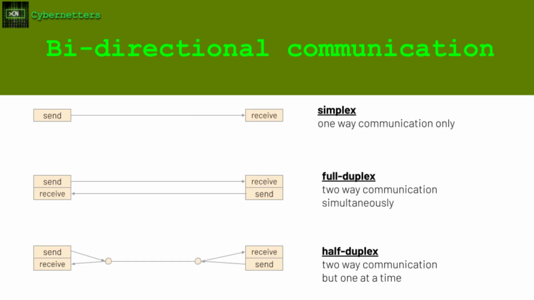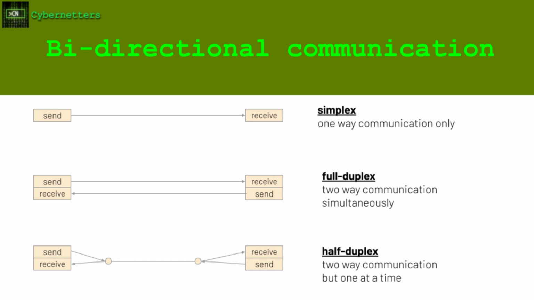Communication, as you know, is very important in networking. The three types of bidirectional communication are simplex, full duplex, and half duplex. Simplex is basically only one way. So device A can only send to device B, but device B cannot send back to device A. For example, it could be like a radio station, where it can broadcast to you, but you cannot send anything back to it.